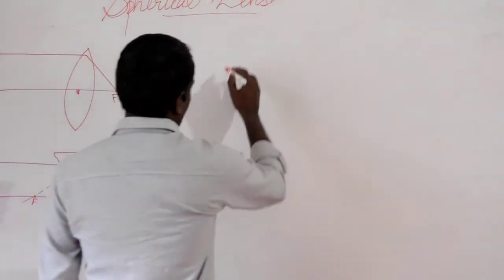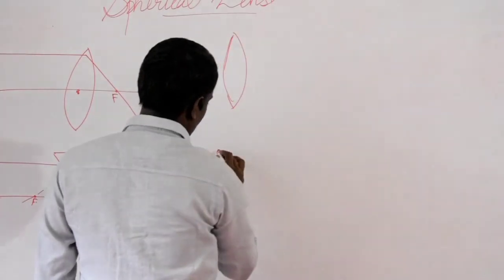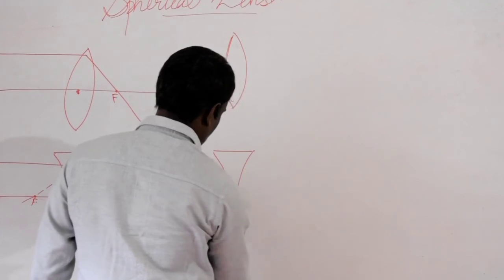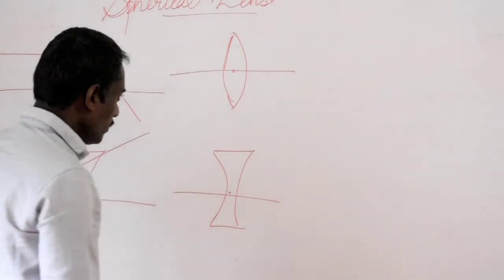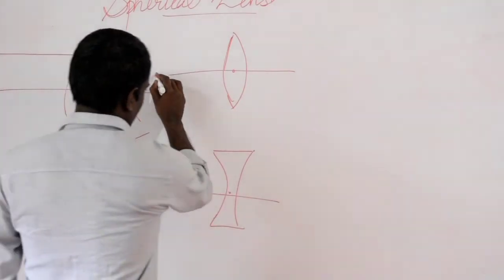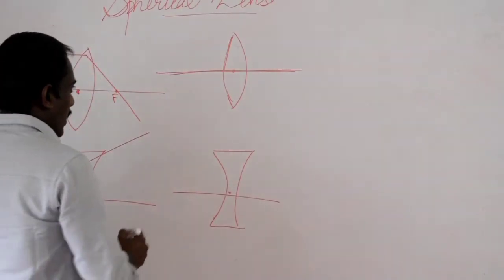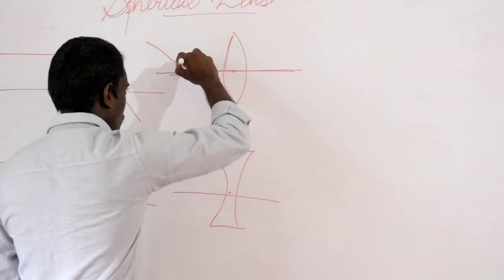The second ray we are going to consider is a ray of light passing through the principal focus.